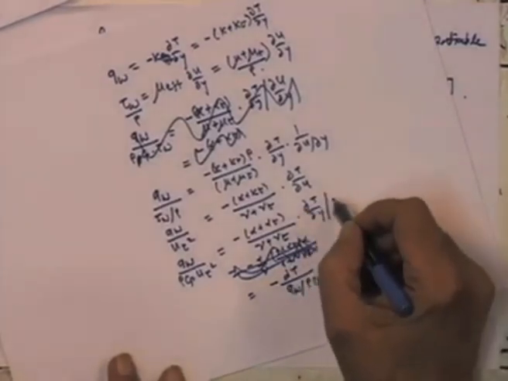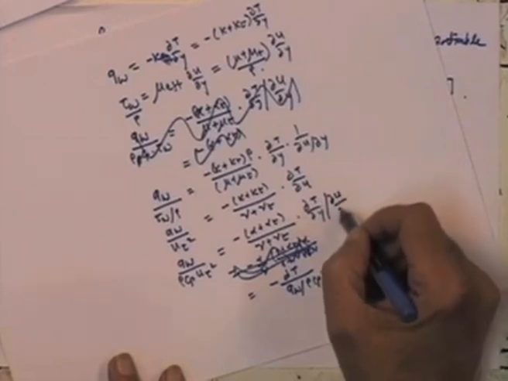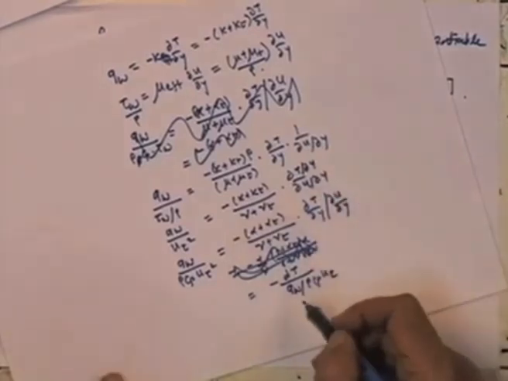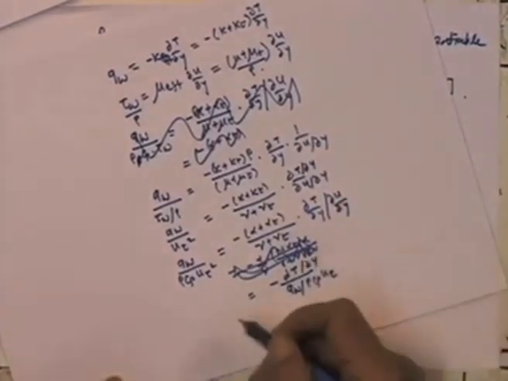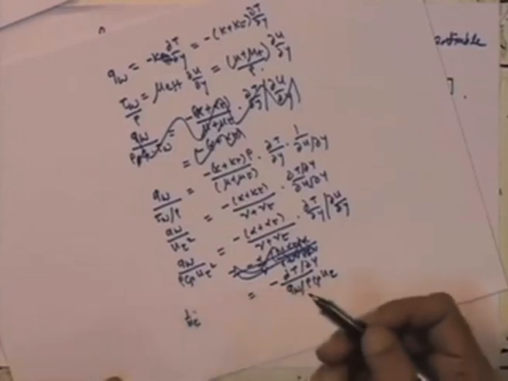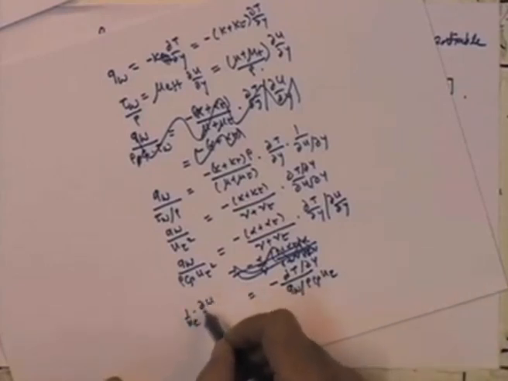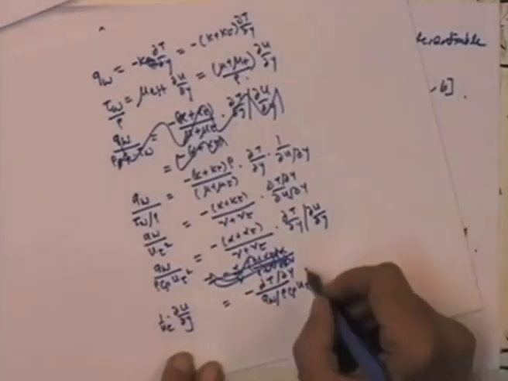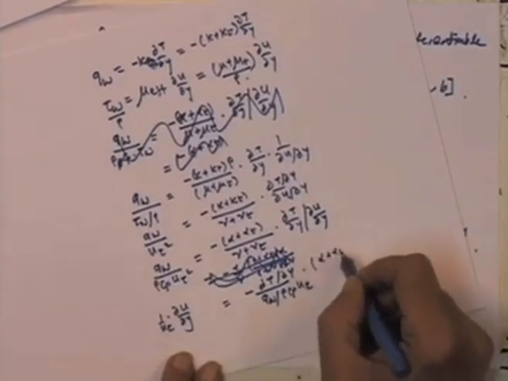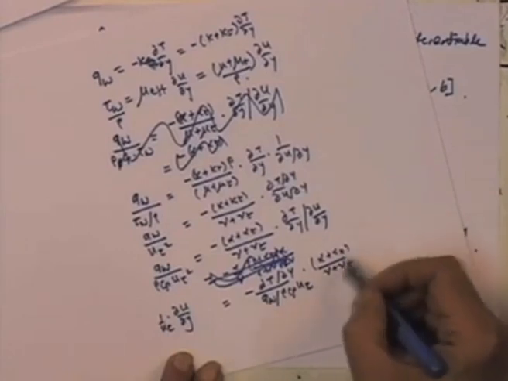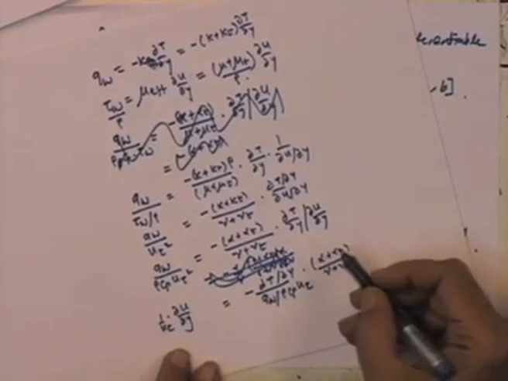So, dT by dy divided by du by dy will equal 1 over u tau times du by dy, times alpha plus alpha t divided by nu plus nu t, which is nothing but 1 over Prandtl effective.